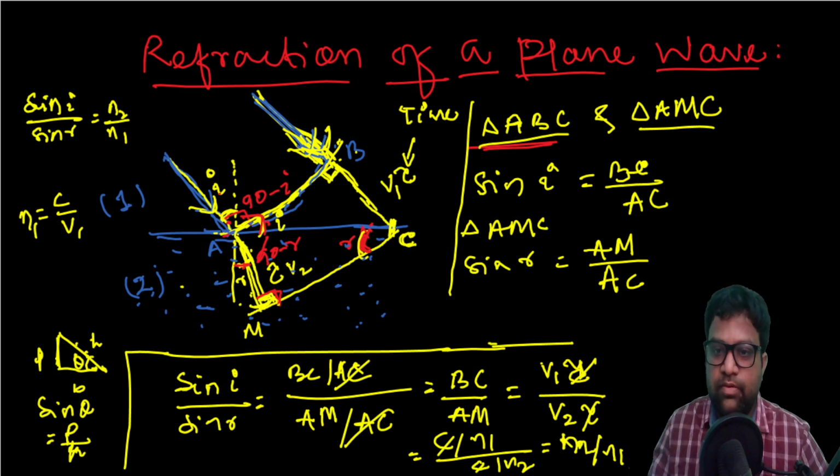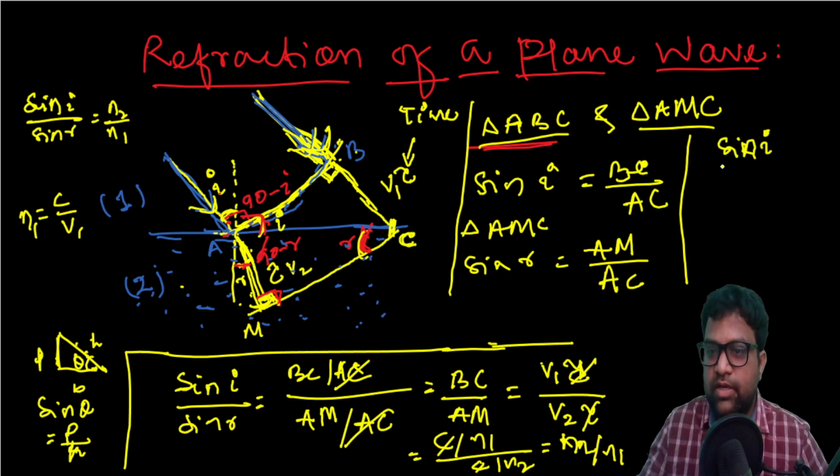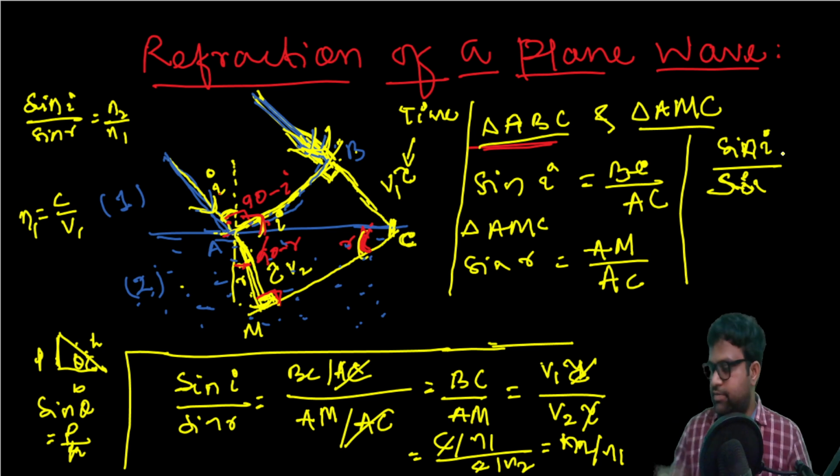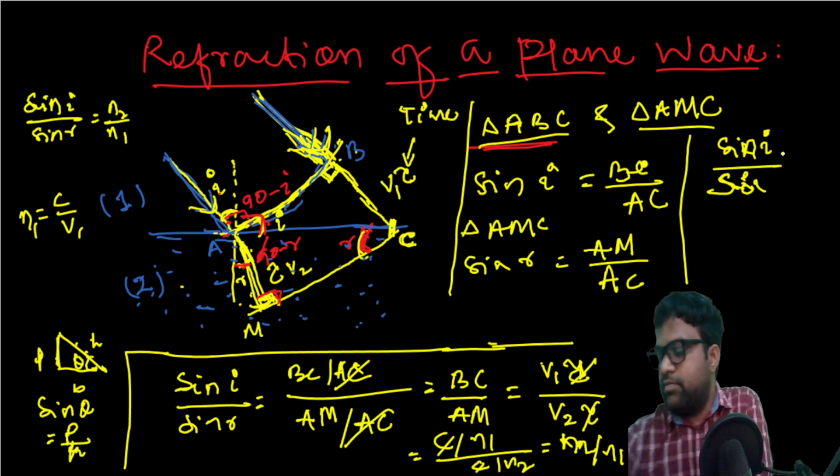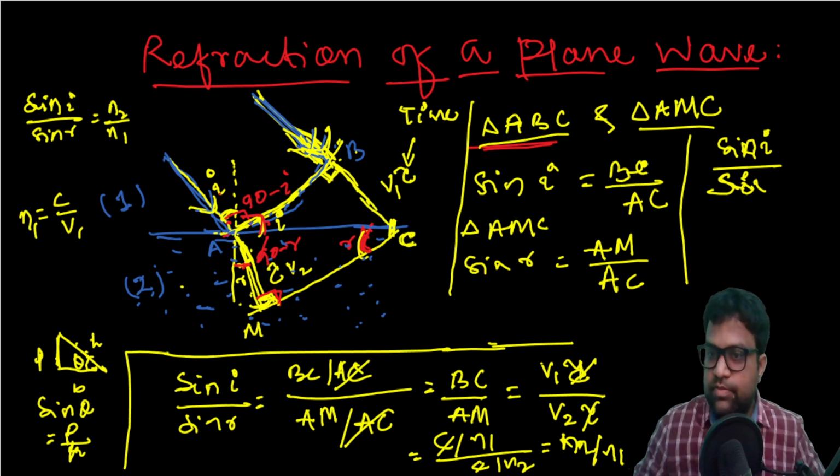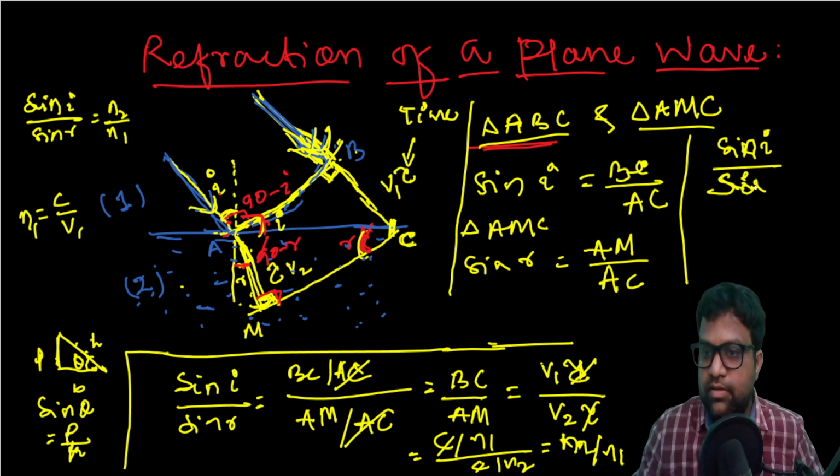So hence it's proved that sin I by sin R is N2 by N1.